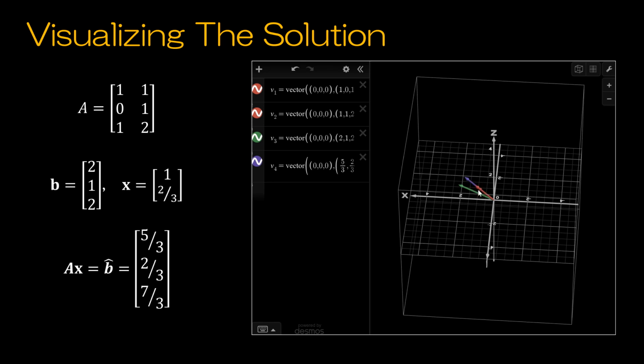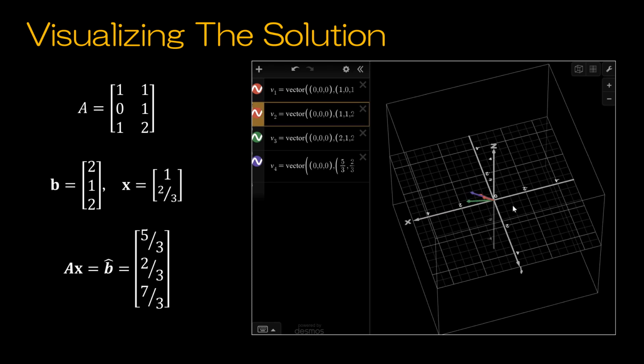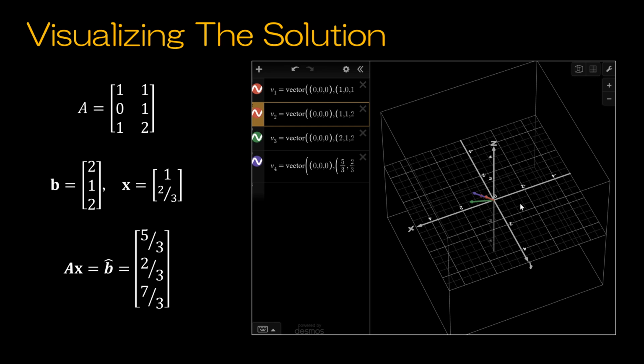So this is the orthogonal projection. I could draw a line from the end of the green arrow to the end of the purple arrow. That line would be, in fact, orthogonal. It would be at a 90-degree angle to the purple vector, which is on the plane created by the span of the two red vectors.